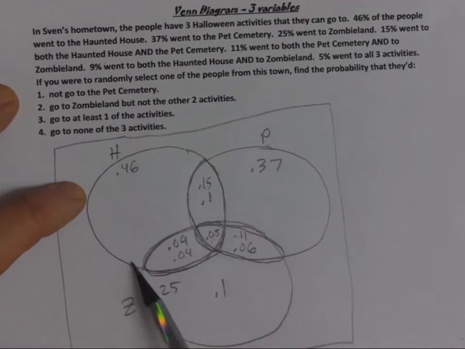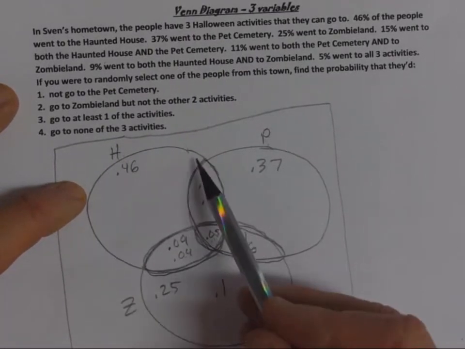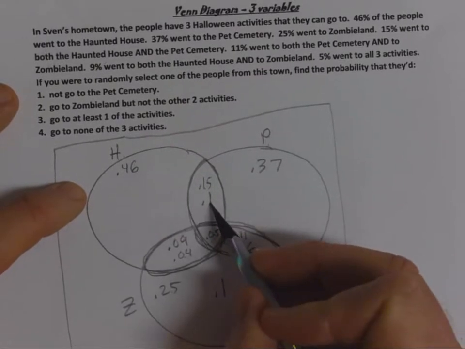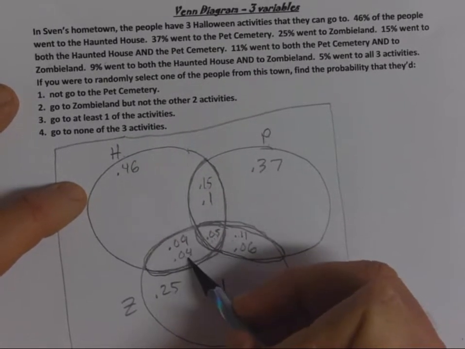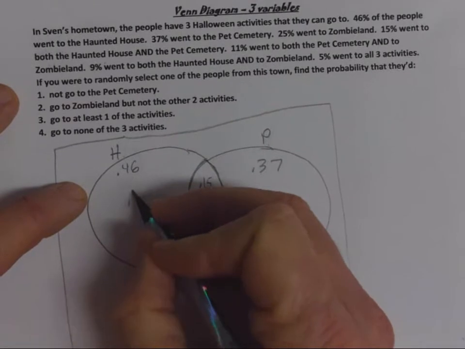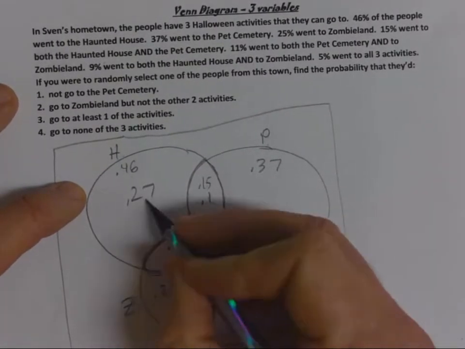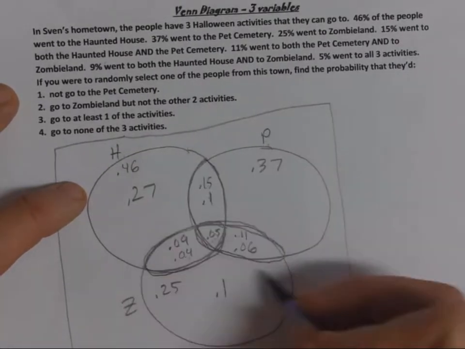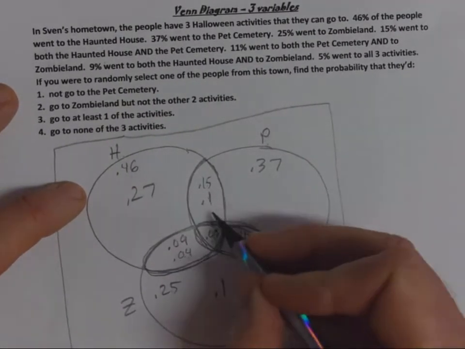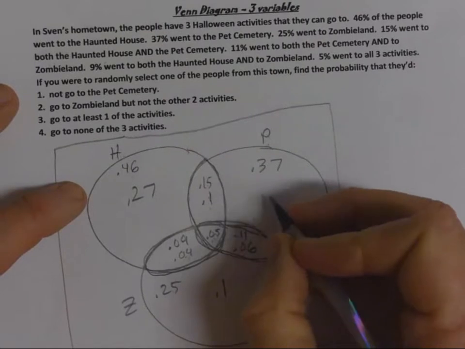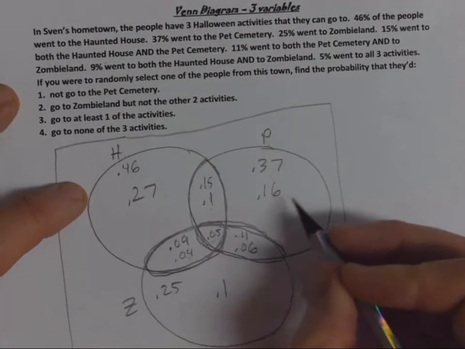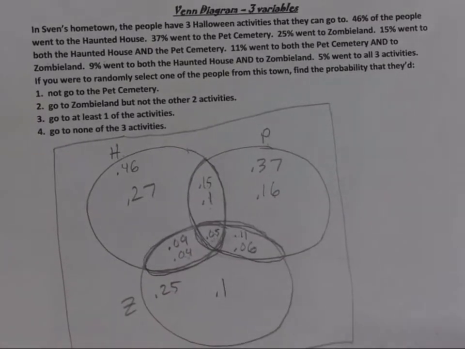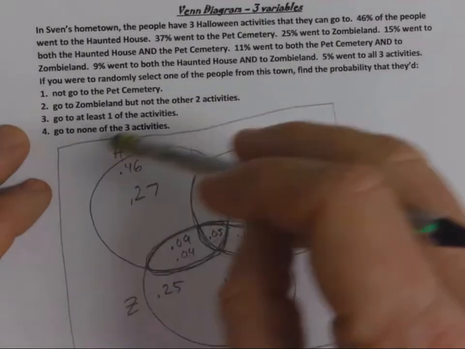Then if I look at the haunted house circle, it has an area of 0.46, and if I subtract off these three areas, 0.46 minus 0.1 minus 0.05 minus 0.04, that's 0.27. So when you add up these 4 areas, it adds up to that whole circle. And then lastly, with the pet cemetery circle, if I take 0.37 and subtract off these 3 areas, that's 0.16, so that 0.16 plus 0.06 plus 0.05 plus 0.1 makes the circle. Then lastly, there's the area of the outside.